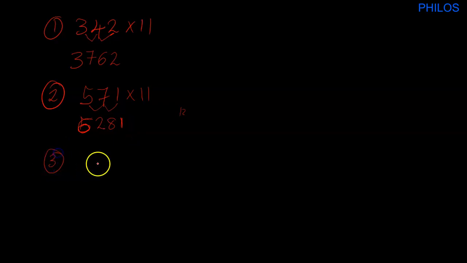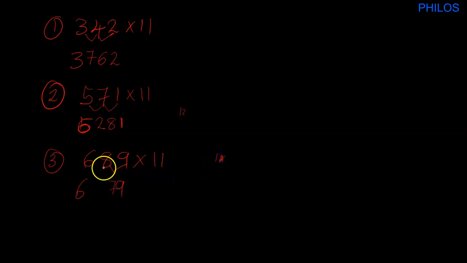Example 3. 689 times 11. You write the first digit, which is 6, leave 2 spaces and then write the last digit, which is 9. So 8 plus 9 gives you what? 17, isn't it? Don't write the entire 17. You only write the 7 and then keep the 1.